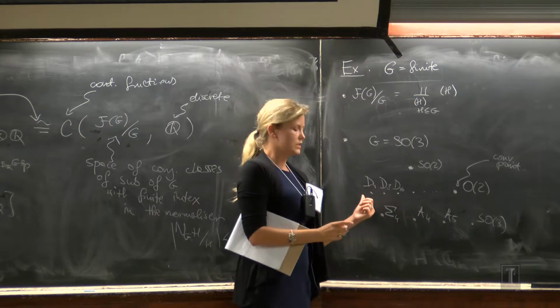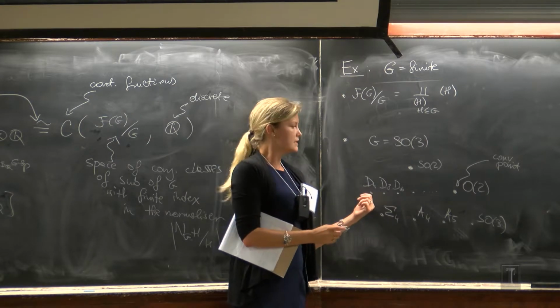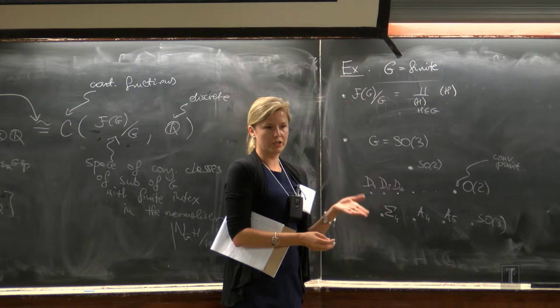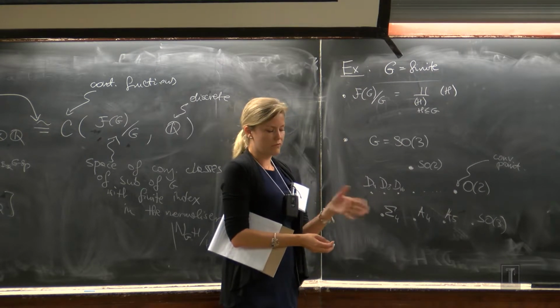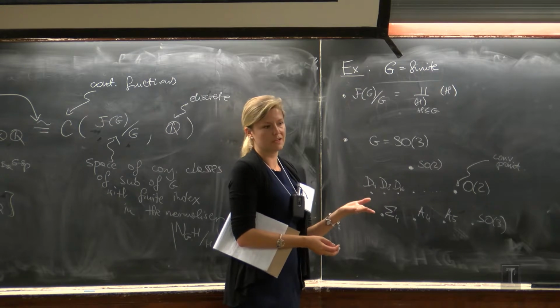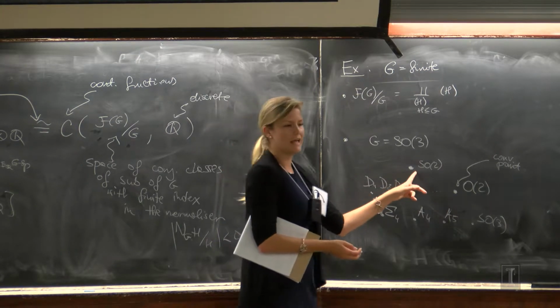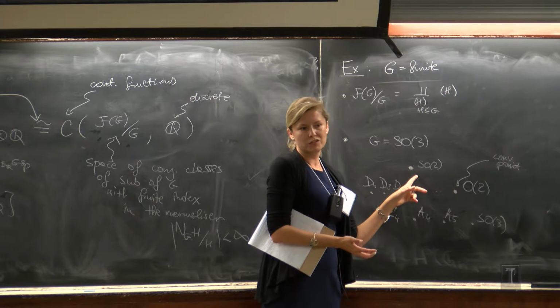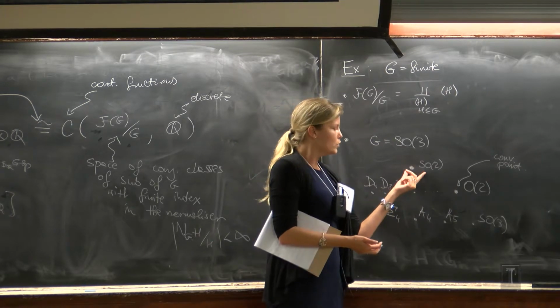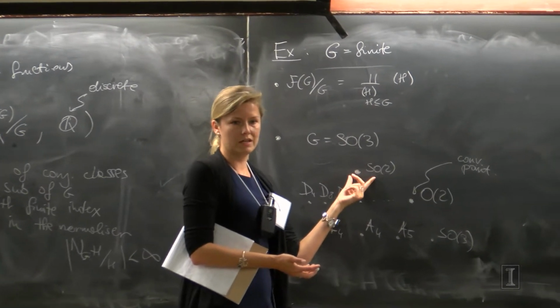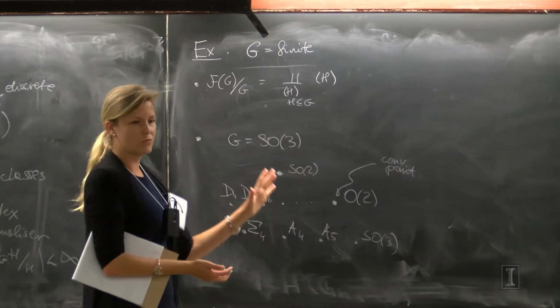Notice that I didn't put D2 on the list, because in SO3, D2 is actually conjugate to C2. Every reflection is actually a rotation in a different axis, so it's already hidden in here. C2 doesn't have finite index in the normalizer, so it's not going to appear on its own. All the subgroups which don't have finite index in the normalizer are hidden somewhere in this picture.